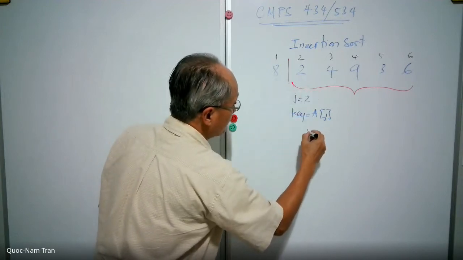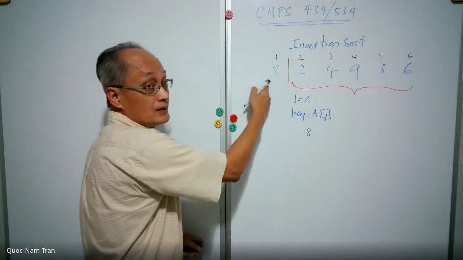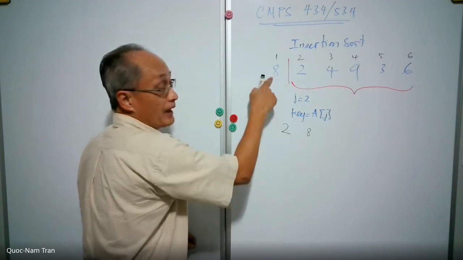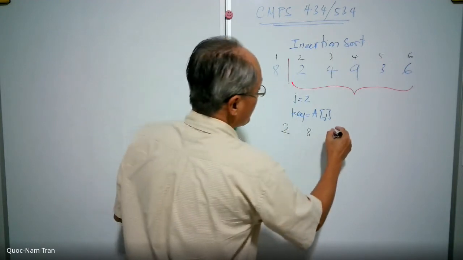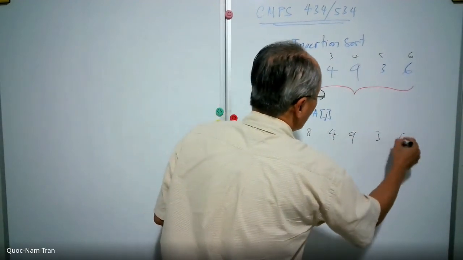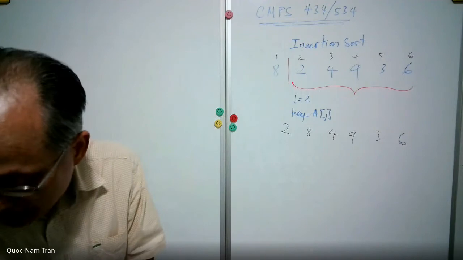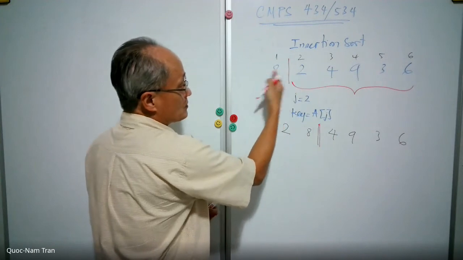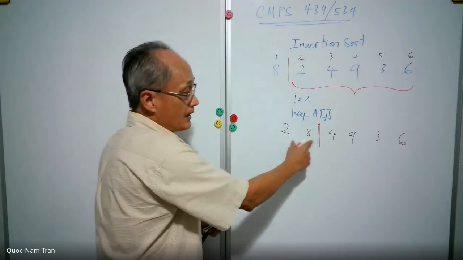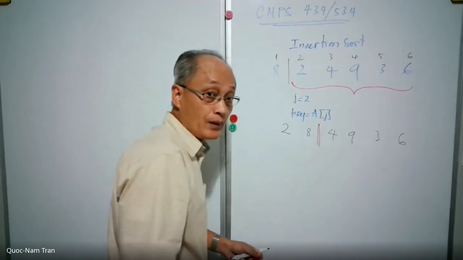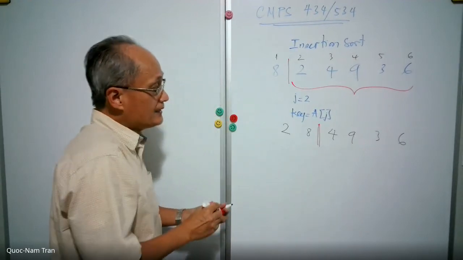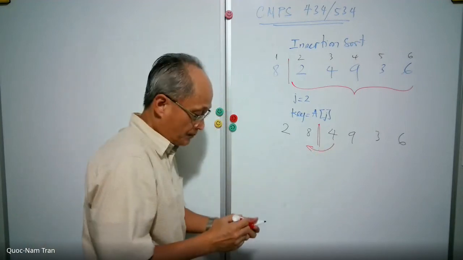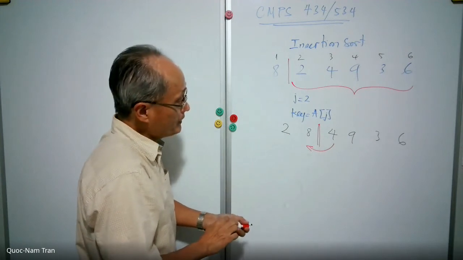Now we have 8 here, and no more elements in the sorted part, so we will store 2 in the position where the 8 was before, and the rest are still the same. But now the sorted part has one more element. So after we insert this one, we have 2 sorted elements, and the unsorted part is reduced by 1 as well. Similarly, we will insert 4 into this sorted part by storing it here.